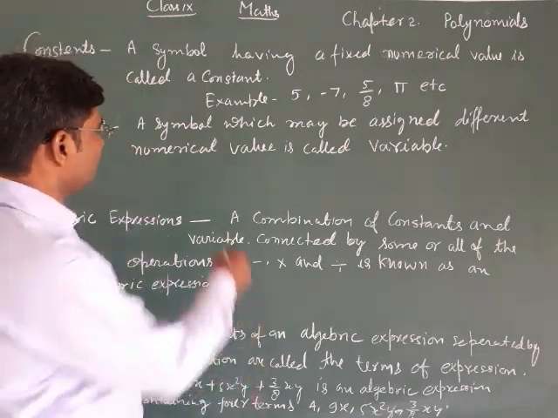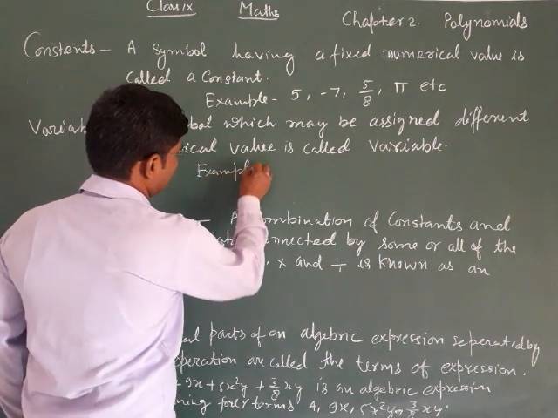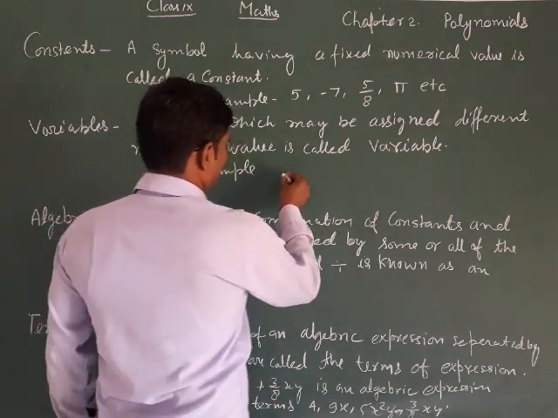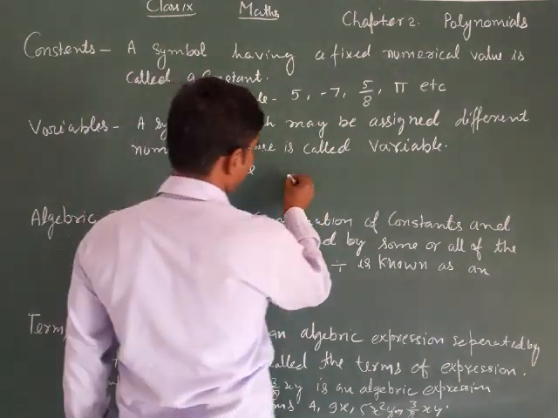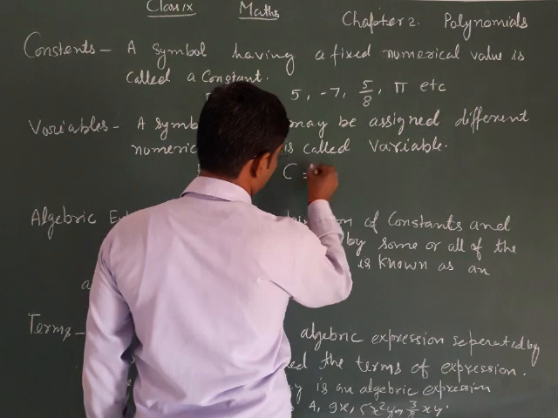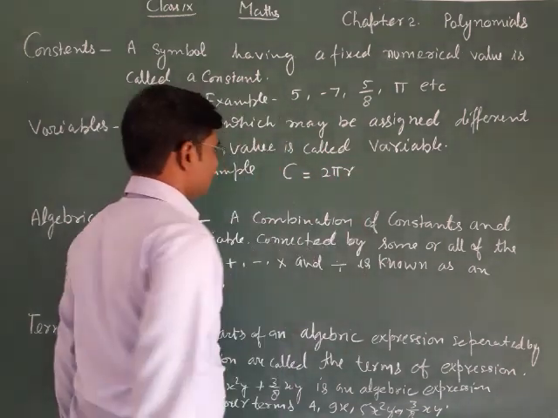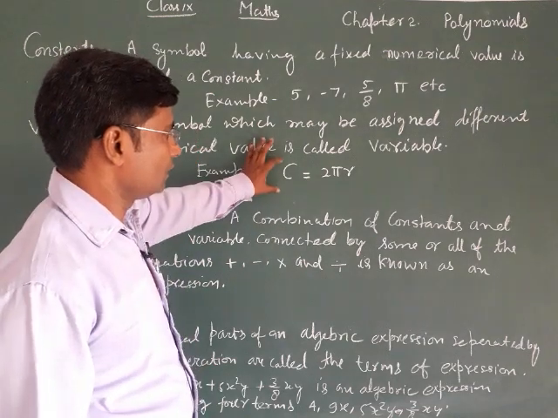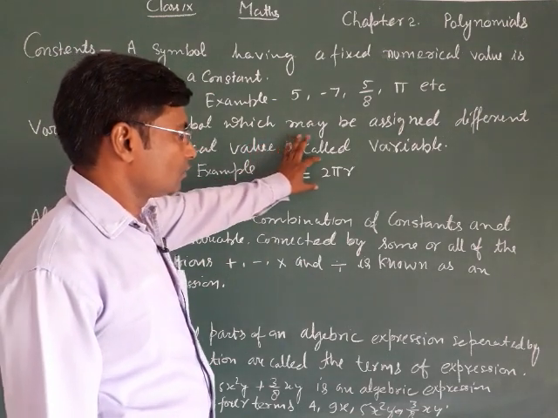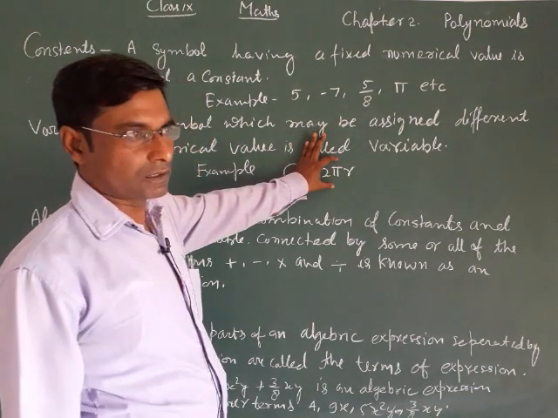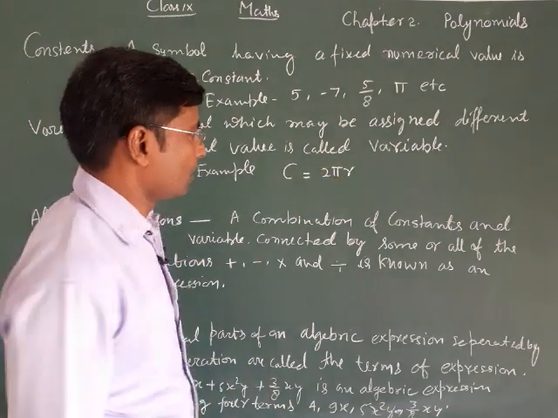For example, if the circumference of a circle denoted by c is equal to 2 pi r, the circumference of the circle c is equal to 2 pi r. Perimeter of the circle is equal to 2 pi r.